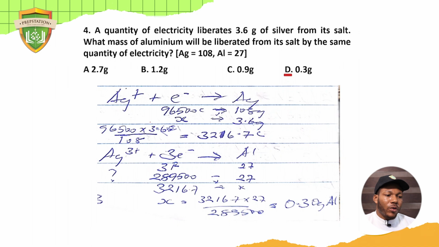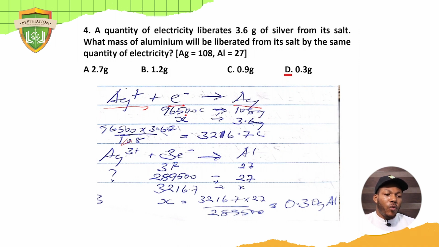So write your cathodic reaction, which is Ag. As you can see, Ag is +1. That will now gain 1 electron and becomes Ag, a neutral atom. And this is 1 Faraday. Of course, 1 Faraday equals 96500 coulombs. Then the molar mass of silver is given in the question, 108 grams.